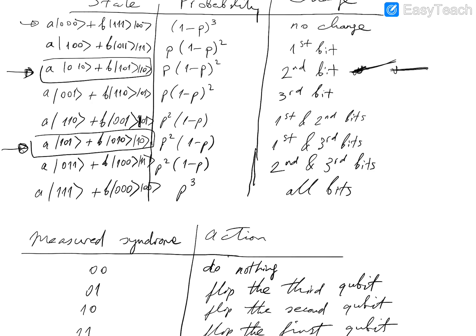So then what should Bob do? Well, Bob corrects the state by applying the NOT transformation on the second qubit then, right?